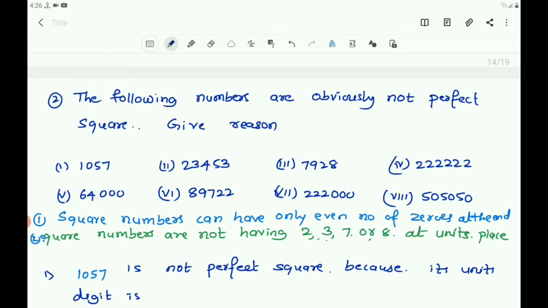Second one, square numbers do not have the digit 2, 3, 7 or 8 in the unit place. With the help of that, we can clarify why the given numbers are not perfect squares.